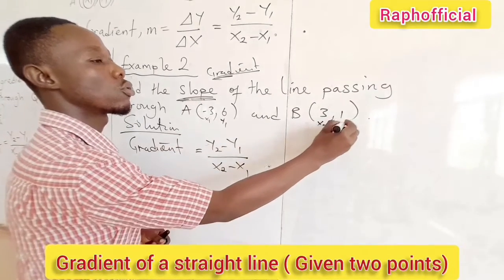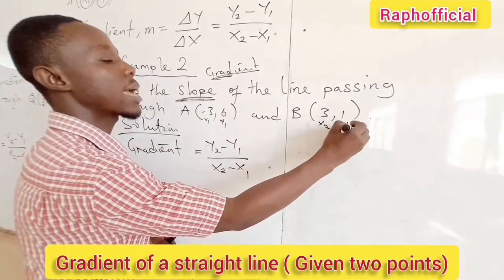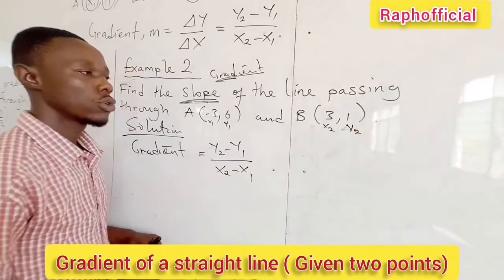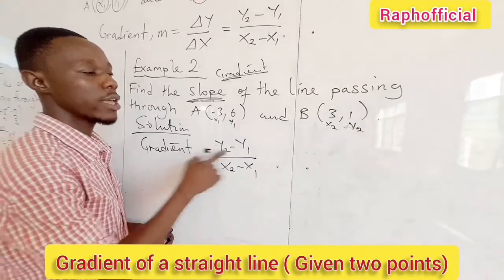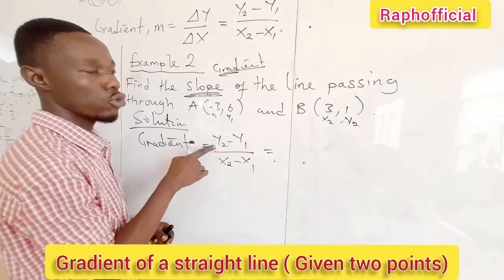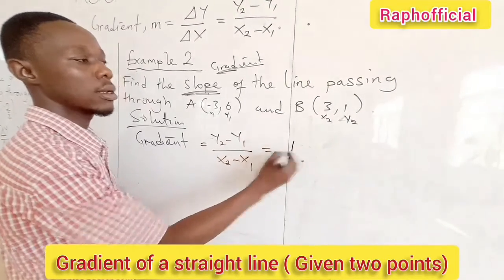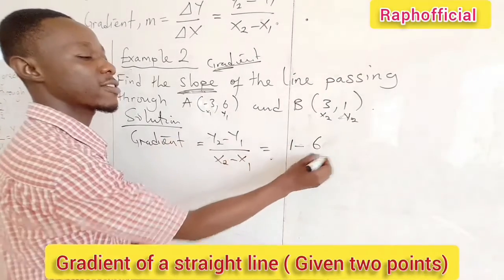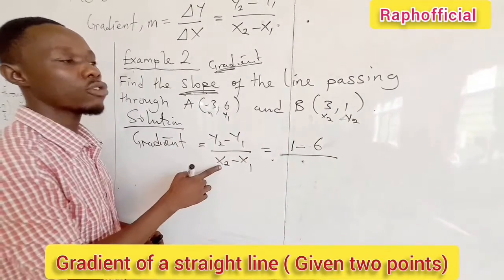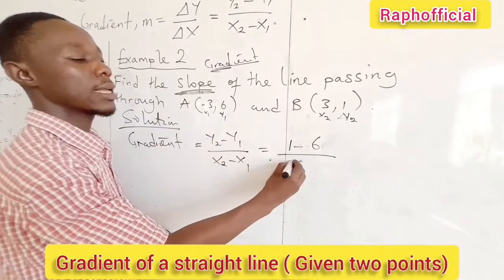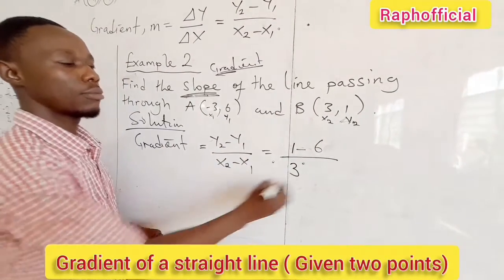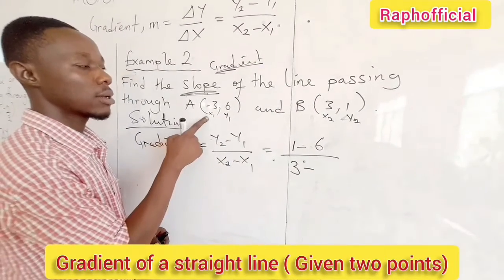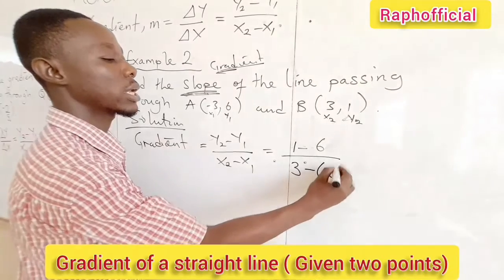x2, y2. So our y2 is 1 minus our y1, which is 6, divided by our x2, which is 3, minus our x1, which is negative 3.